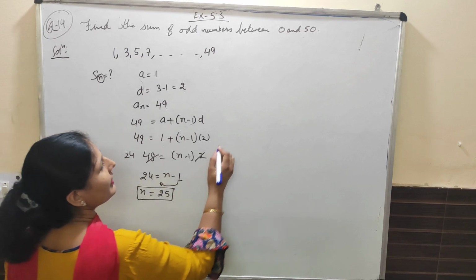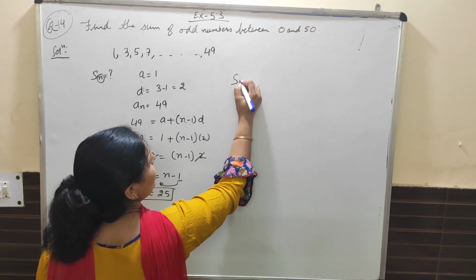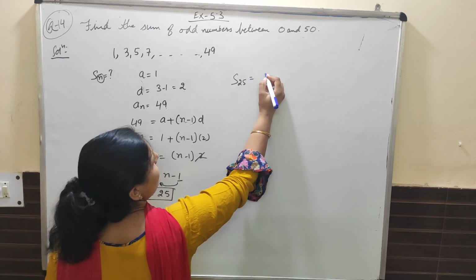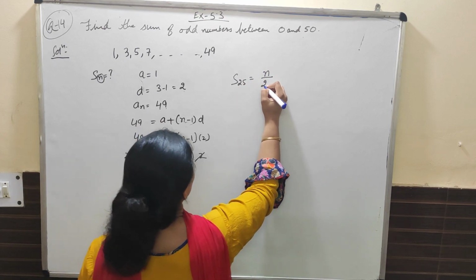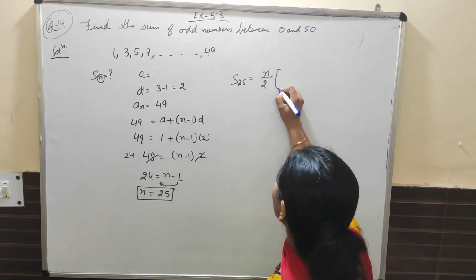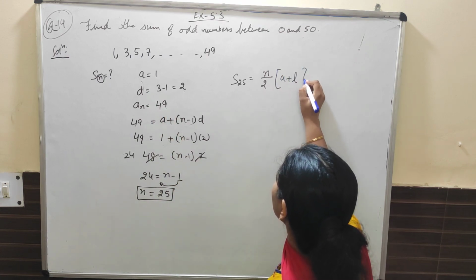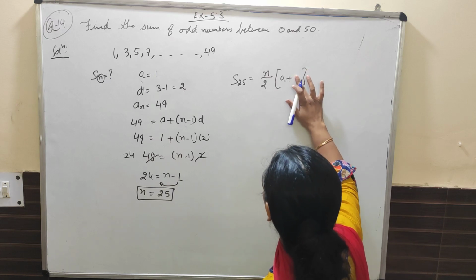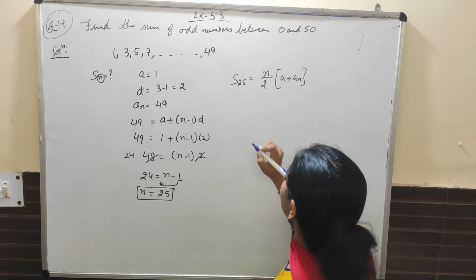Now we have to find the sum of these 25 terms. First write the formula. Now in this question we have the last term of the AP, so we will use n by 2 into a plus l. This formula you can also write with a plus an.